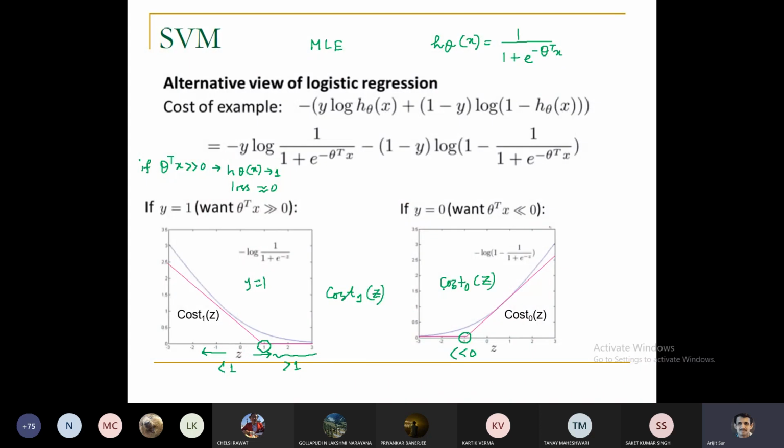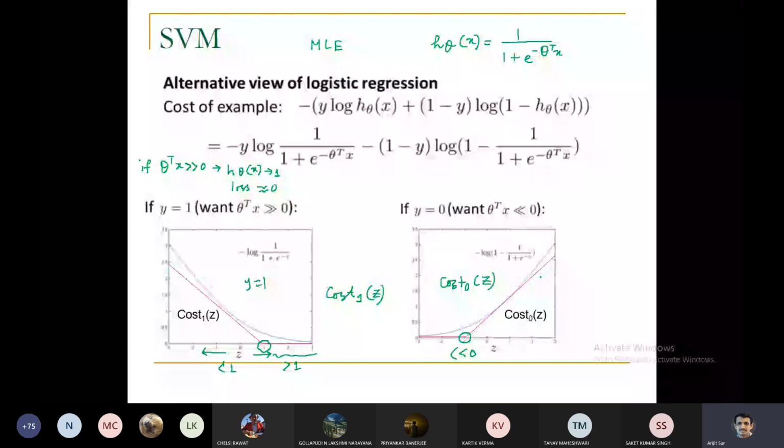So this cost function, we are going to make simpler. This is a kind of logarithmic curve, but we can make it easier to handle mathematically, because these are only two straight lines. So it's an approximation.